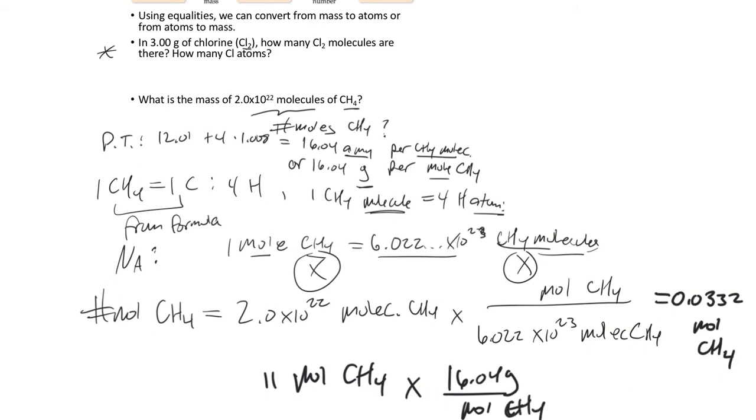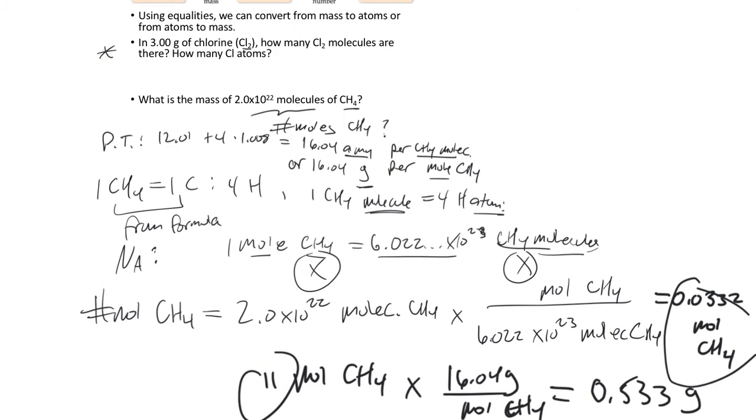So from the number of moles, 0.0332, I'm just multiplying this by 16.04. So this is just the moles that we calculated over here. Multiply by 16.04, I get 0.533 grams.